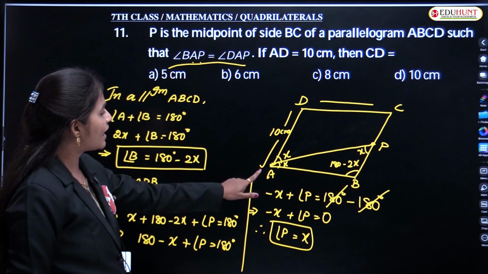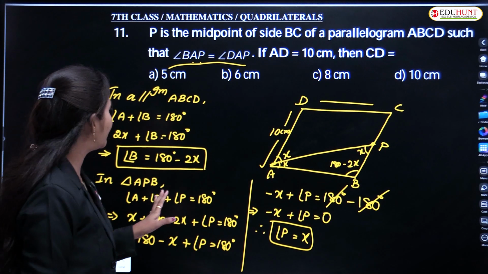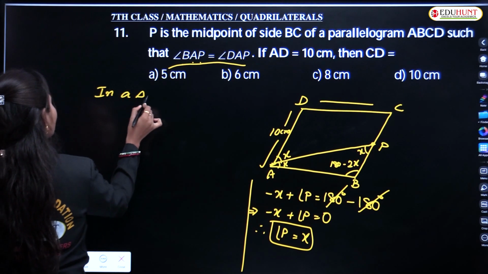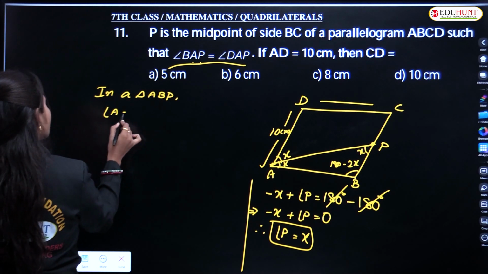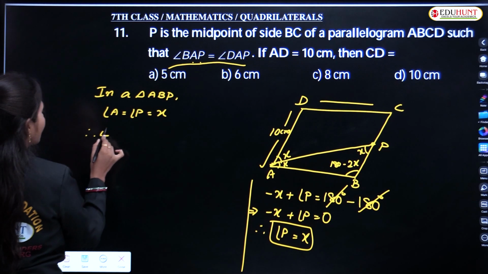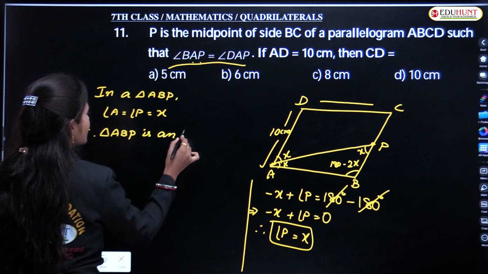So in triangle ABP, angle A is equal to angle P is equal to x. Therefore, triangle ABP is an isosceles triangle.